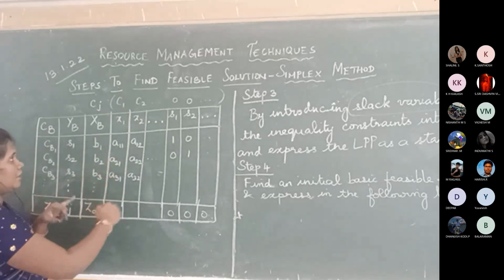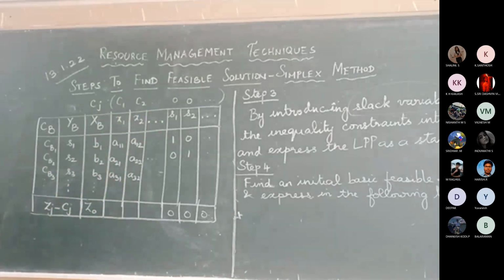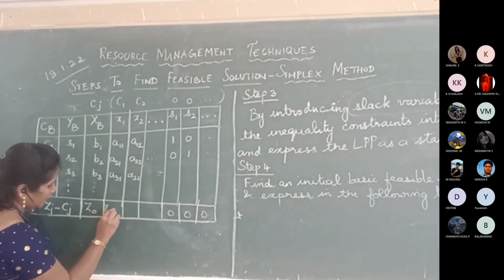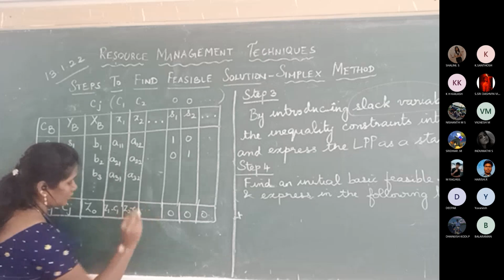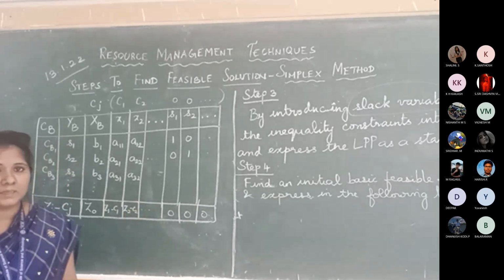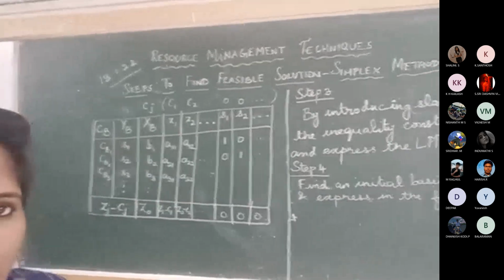You have to multiply it, and then subtract it with these values. So you will be writing it as Z1 minus C1, Z2 minus C2, and so on. This will be the tabular column. When we do the problem with numbers, you will understand, but you have to listen properly.